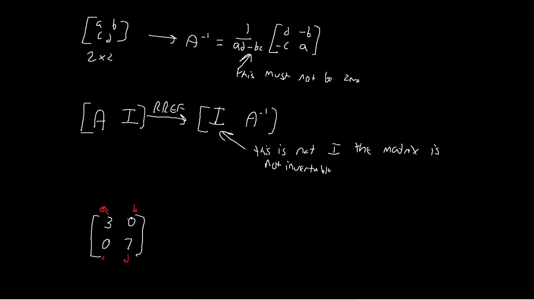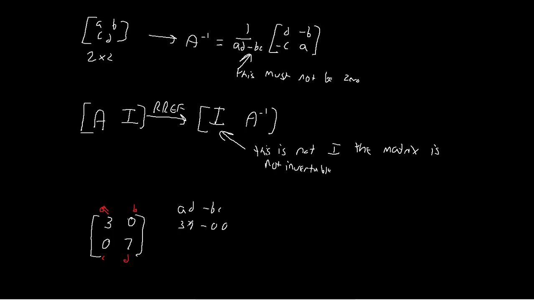So let's do the math really quick. Let's first confirm that AD minus BC is not 0. A is 3, D is 7, B and C are both 0.